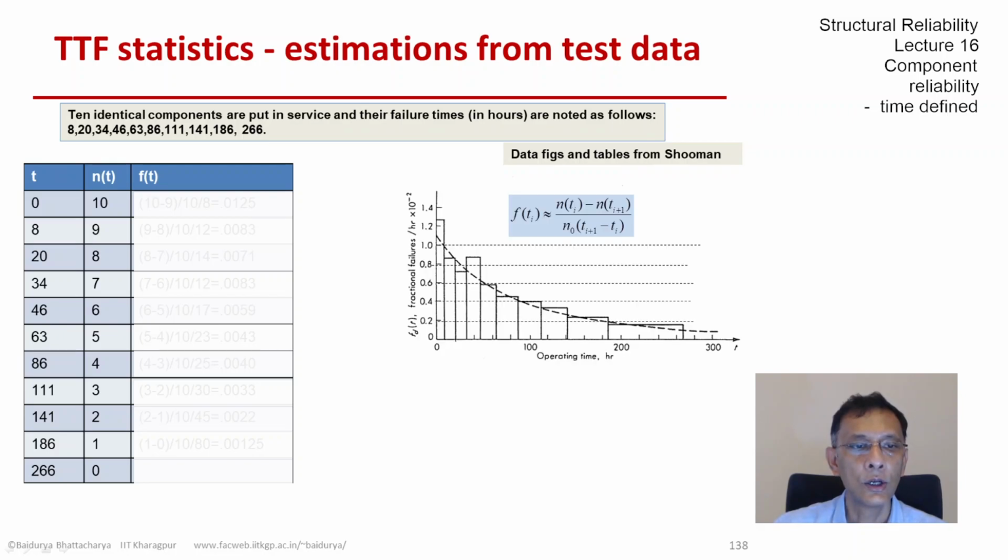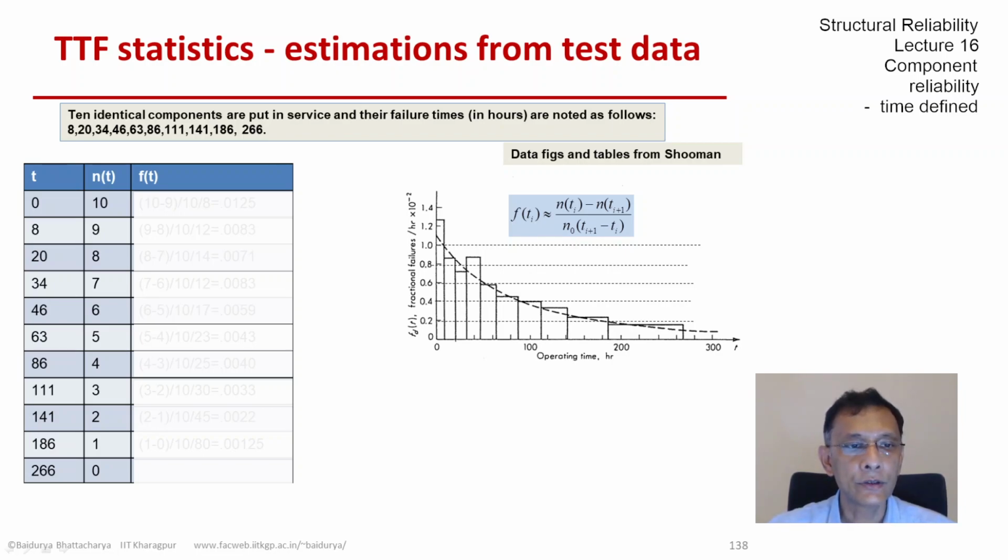And we are going to estimate the PDF with the formula that we had put up a few slides ago. It's the increment in the number of failures, or the drop in the number of survivals, over the original number of components and the time interval over which that happened. So basically we are differentiating the CDF.